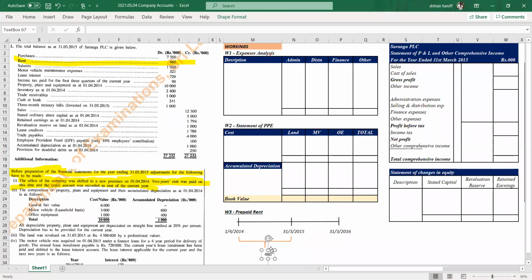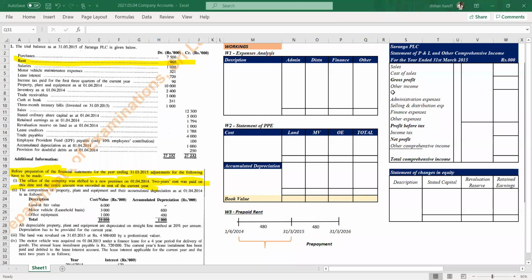So 480 is for the current year, and another 480 is for next year. This is the prepayment. That has to be deducted from the expense, and we have to take this as a current asset.